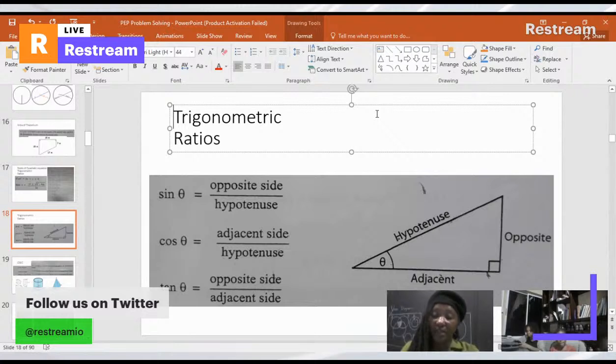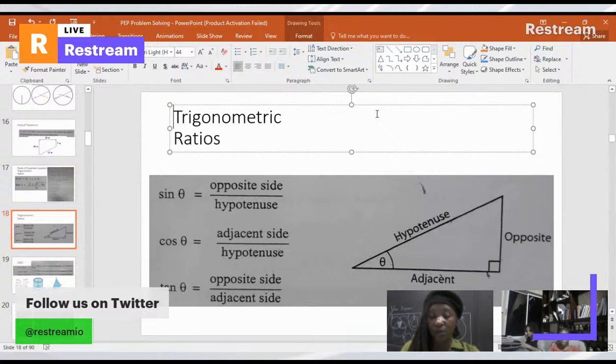But if we were referring to the other acute angle, which is not labeled in this case, the other acute angle to the top right, then the side that is now adjacent would be opposite to that angle, and the side that is now opposite would be adjacent. So adjacent and opposite are not fixed in terms of labeling.